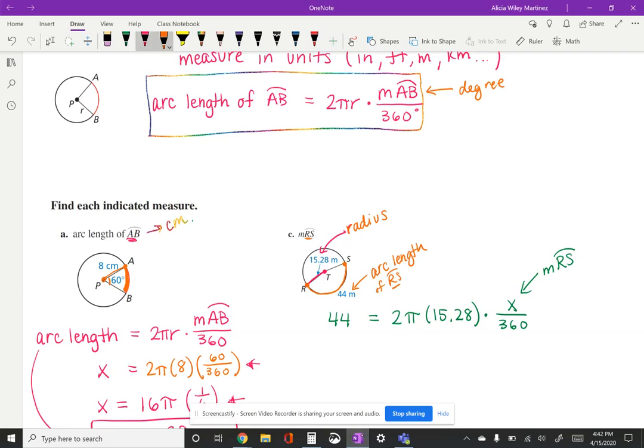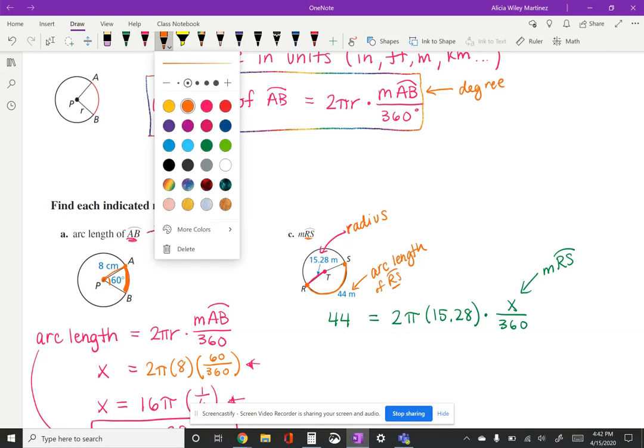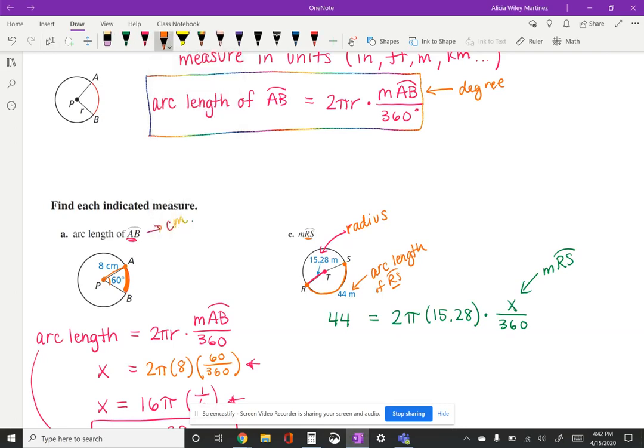Okay, so to solve this, I need to get rid of all of this stuff that's being multiplied to this fraction with x. So I'm just going to divide all of it on one side with all of this on the other side. And this cancels, and this cancels, and then we will be left with some value here equal to x over 360.